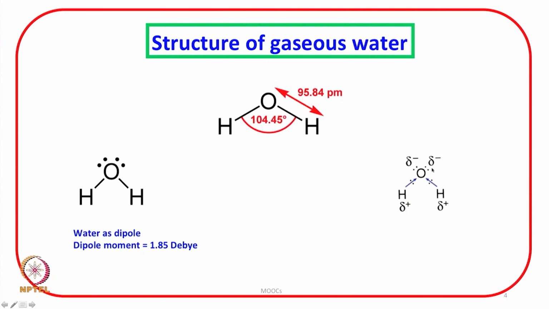There are 2 lone pairs, each lone pair you assign a delta negative and each hydrogen you assign a delta positive. So, there is a quadrupole, water as a quadrupole. So, when to treat water as a dipole, when to treat water as a quadrupole, whether to include the quadrupole character of water into the discussion or not, it depends upon the situations.